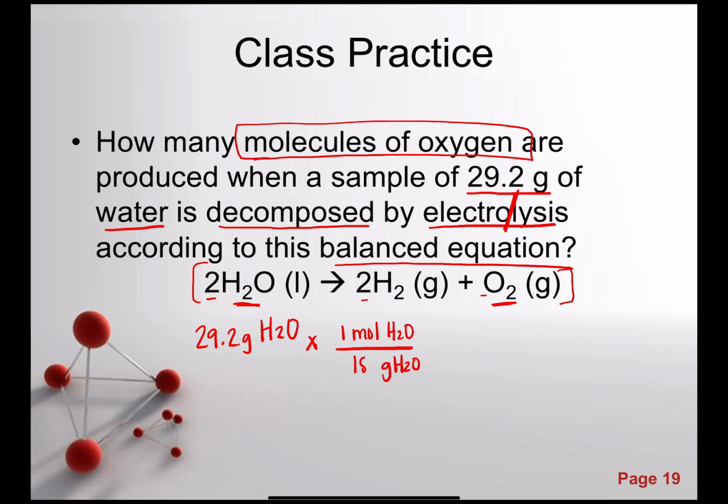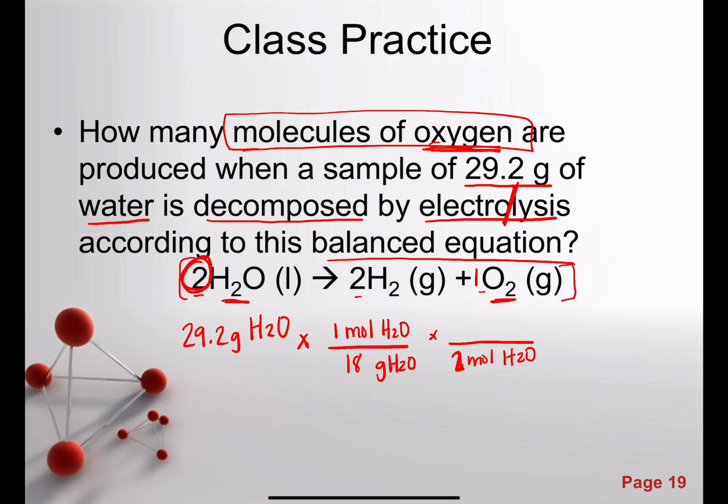So now that I'm working in moles up here, I want to put my moles of water on the bottom, so again that I can cross it out, and I can use my mole ratio. So my mole ratio tells me that there's not 1 water, but there's rather actually 2 moles of water. And we're trying to get to oxygen, so we want to look at the mole ratio of oxygen.